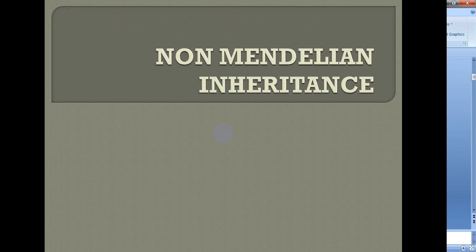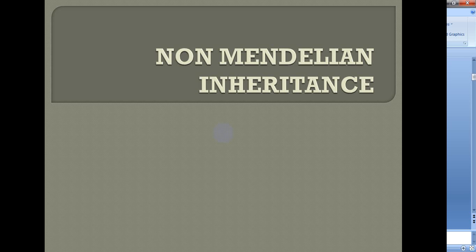Hello. Today we will be discussing non-Mendelian inheritance. Mendel considered a 1:1 relationship between a character and a factor or gene. That is, a single character is controlled by a single gene or factor.